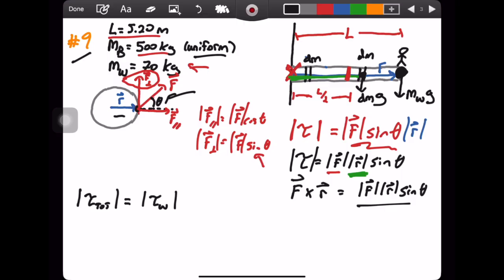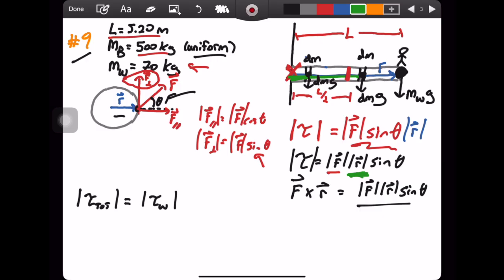there would be dm g, which is the weight of that little differential mass, and it goes down, has the same acceleration, g, as any object near the surface of the Earth. This little dm right here would also have a dm g. And so they both have the same force acting down, and in both cases, those forces would cause a clockwise rotation. But can you see how the terms are going to be different?